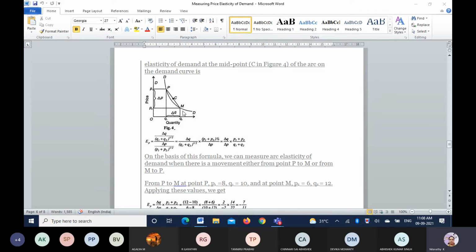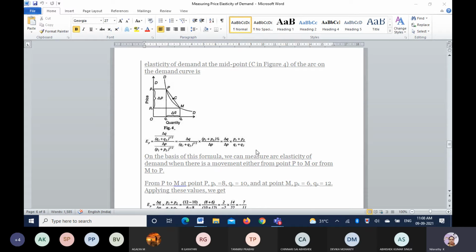So you have to take PM into consideration. The formula they have given is that instead of taking the initial price or the initial quantity, you have to add both the prices, the initial price and the changed price, and the initial quantity plus the new quantity. You add both and then use the same formula.